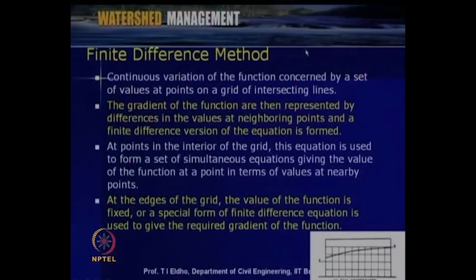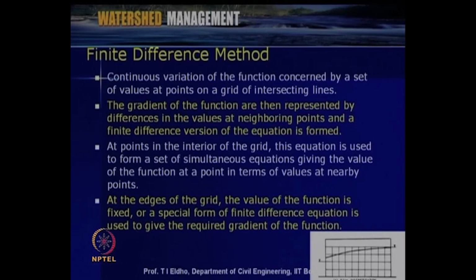First one is the finite difference method. In the finite difference method, the continuous variation of a function is represented by a set of values at points on a grid of intersecting lines. If this is our domain, we discretize it into rectangular or square grids like this, and then we discretize the governing equations.